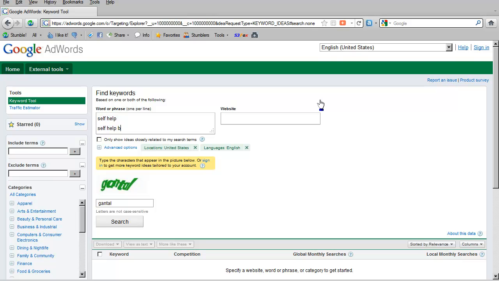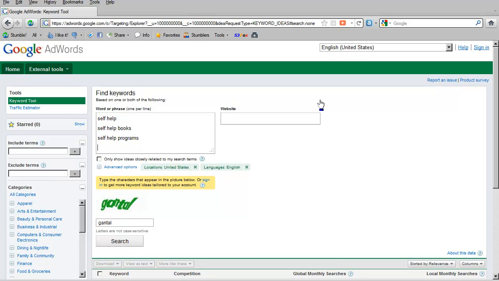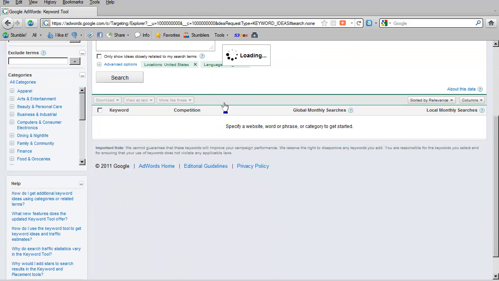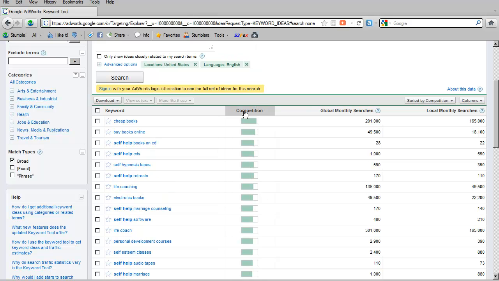or self-help books, or self-help programs, whenever we get into keyword research, we'll talk more about search volumes and stuff, but what I really want to look at right now is this competition column right here.